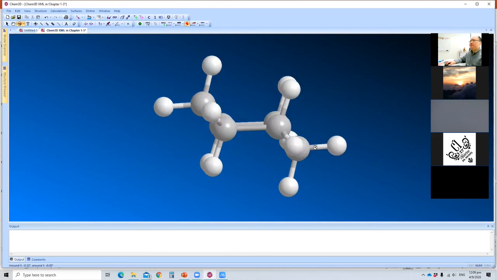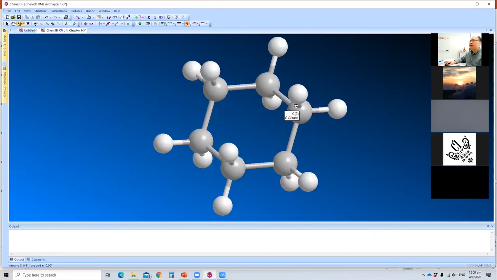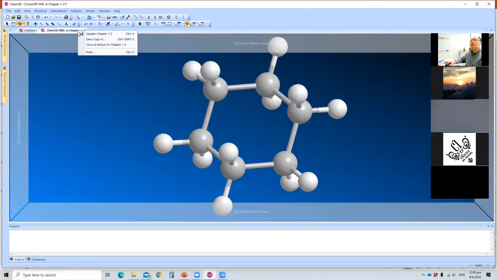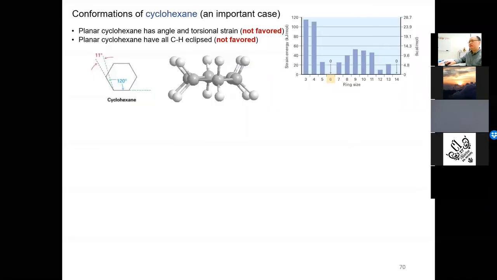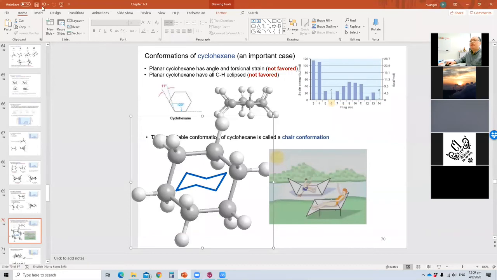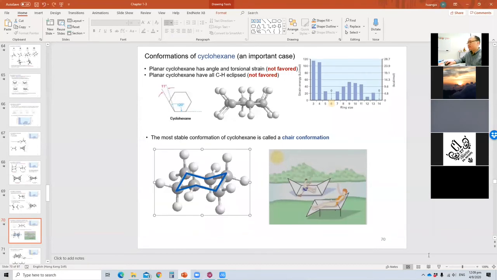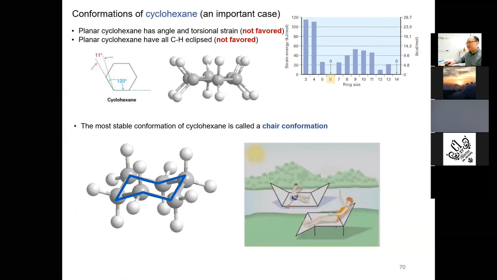If you remember this structure, let me show you what chairs look like. This is a very ugly drawing in the textbook, but you can see this is actually what we call a chair.